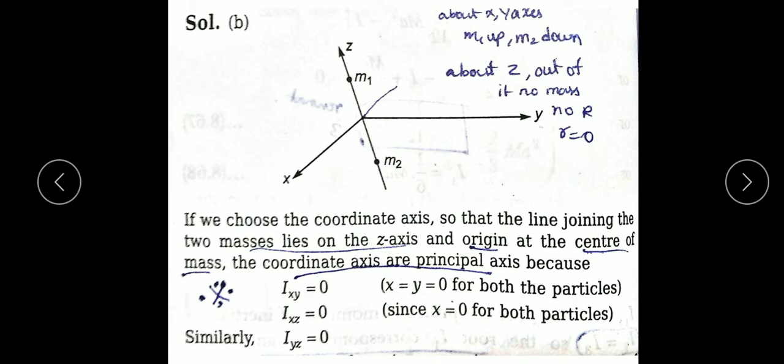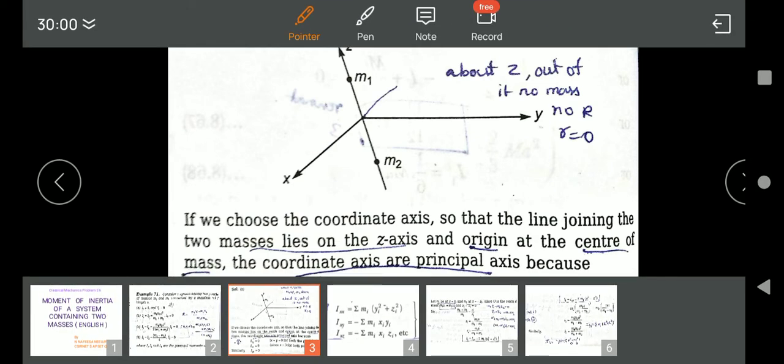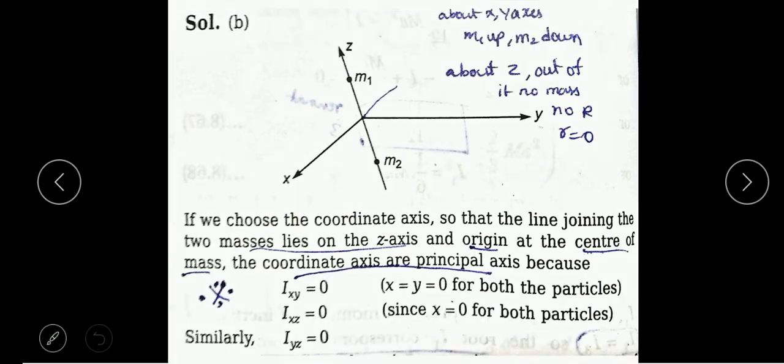So if we consider any point on the y-axis, surely it will be at a certain distance from the x-axis. In the same manner, any point on the z-axis, like this m1 mass, would be at a certain distance from the x-axis.